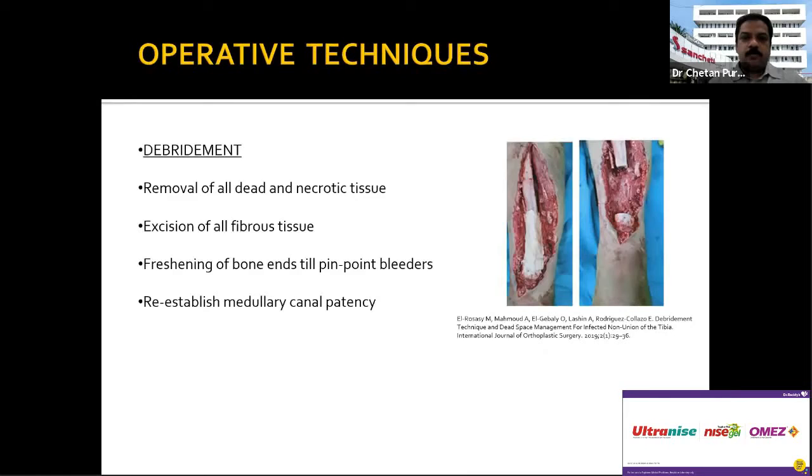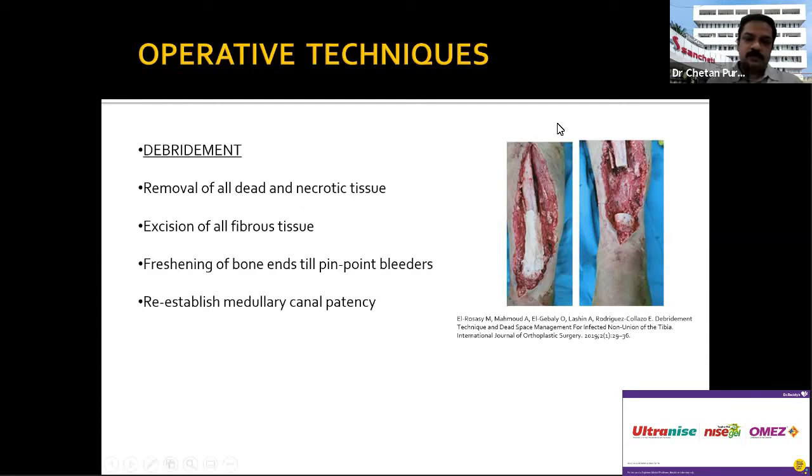So the operative techniques, the main and the most important step in the treatment of any infective non-union is a debridement in capitals. There is no two ways, or there is no escaping this step and it is the primary step in the management of any infected non-union. It involves radical removal of all dead and necrotic tissues.